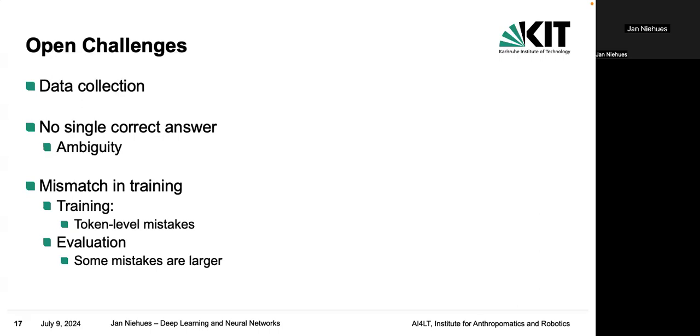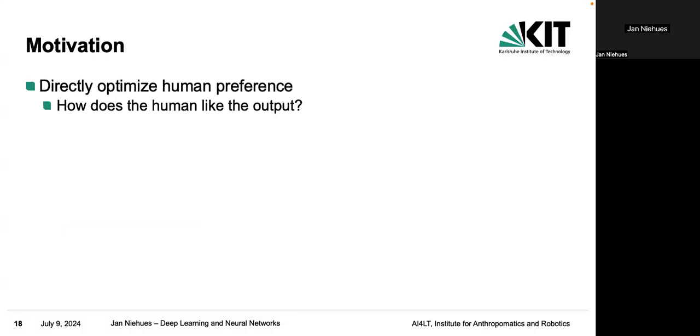So we should check, can we do it a bit differently? And one idea to do that is, can we directly optimize the human preference? So the idea is maybe humans can say, this is a good answer, this is a bad answer, this is a medium good answer, and so on. And so can we directly try to optimize that the model outputs an answer which the human likes?